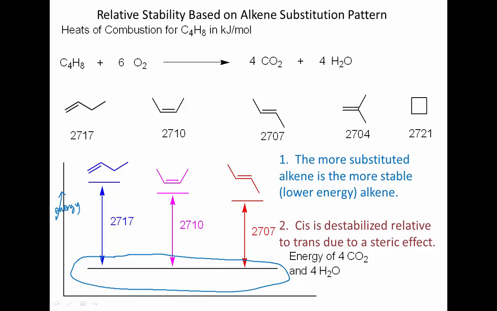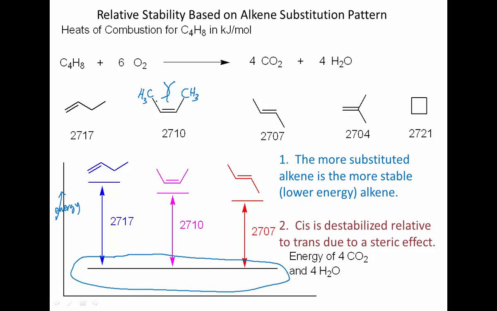And the other issue, this is a little bit less important, but it's also important to remember, is that the cis isomer is usually less stable than the trans isomer. Okay, so in the cis isomer, we have a little bit of a steric interaction right there. Technically, they're eclipsed.